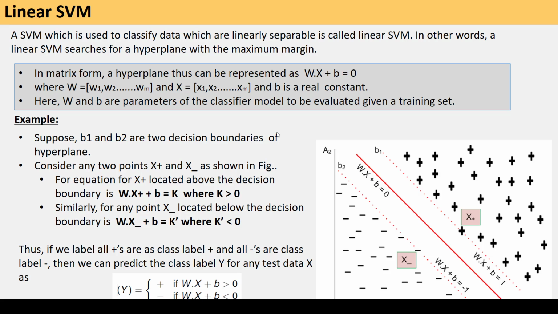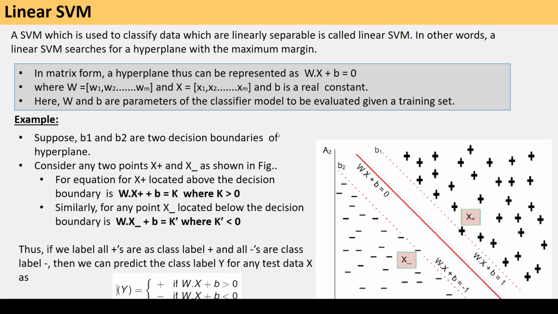We take the same expression of a line here also, and depict it as w dot x plus b is equal to 0, where w is the vector from w1 to wn, x1 to xn are the values in the data set, and b is a real constant.